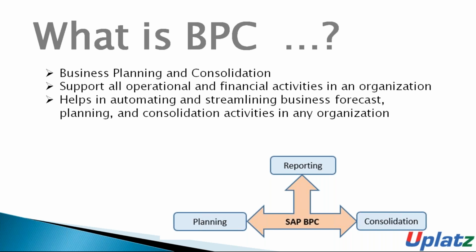Like all the Asia Pacific countries will come into one set, so they will need consolidations for all the Asia Pacific entities, and all the Europe entities will come into one bucket. And as a whole, the whole company needs one consolidation. So this is called layer-wise consolidation. This can also be handled in the BPC.